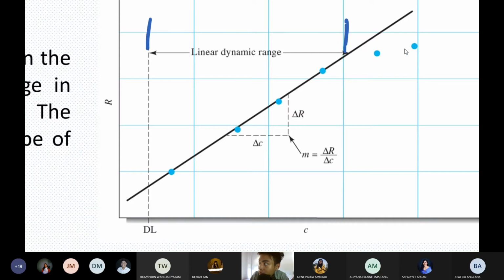Kasi if you include these two data, then the linearity of your line will decrease. If you could still recall your statistics, that's called the Pearson correlation coefficient, 'di ba? So if you include these two data points here, the Pearson correlation coefficient of this line will decrease. So that means your calibration curve is unreliable.